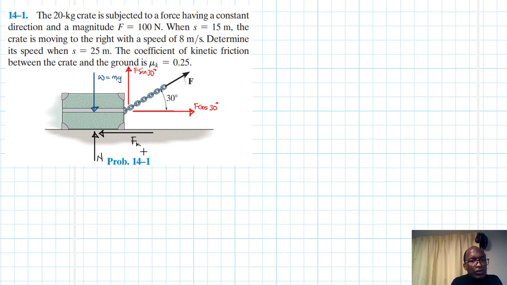The kinetic friction is equal to mu k N, which is 0.25 N, where N is the normal force.